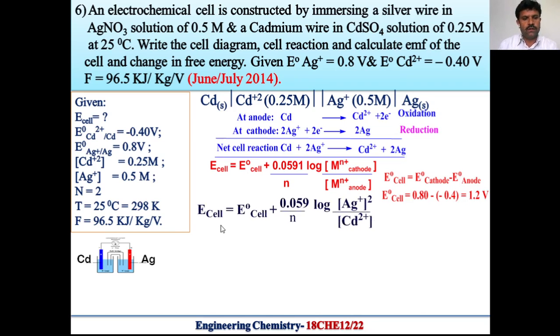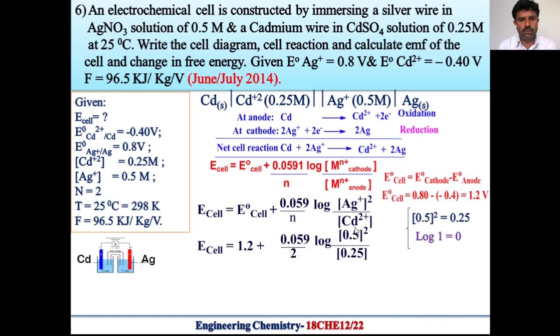Then the Nernst equation: E cell is equal to E naught cell plus 0.059 divided by n log of Ag+, the cathodic solution, squared, because the coefficient of Ag+ is 2, so 2 moles are involved, so it should be squared here, divided by the anodic solution Cd2+.